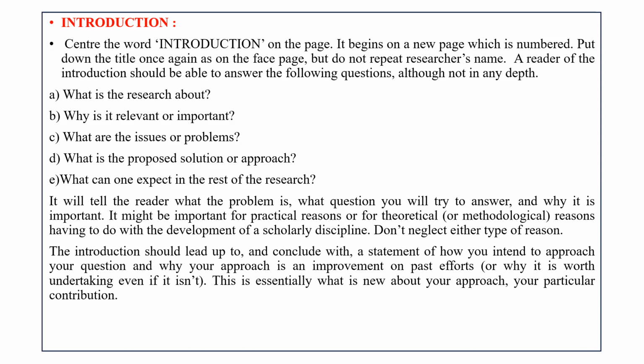You are making a background of your problem, right? Because it is not necessary that a reader reading about a particular area knows everything about the topic, right? So it is necessary to give some background, then state your problem, and then give the solution for that.